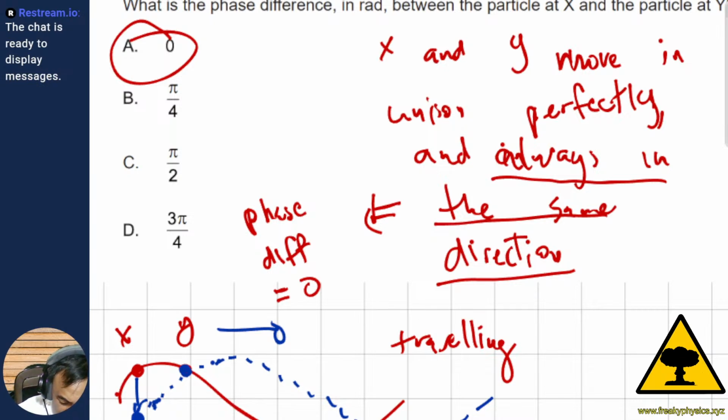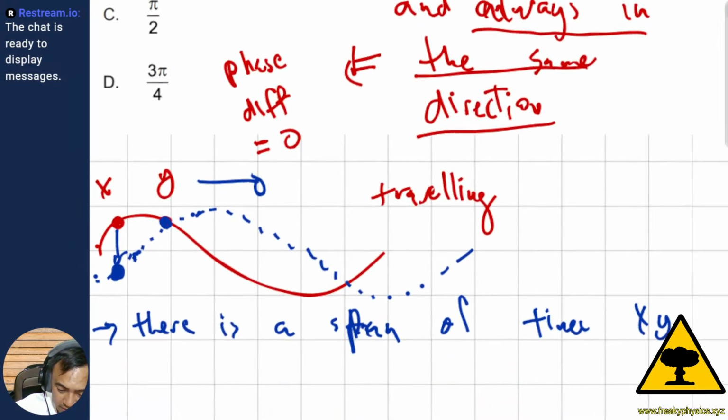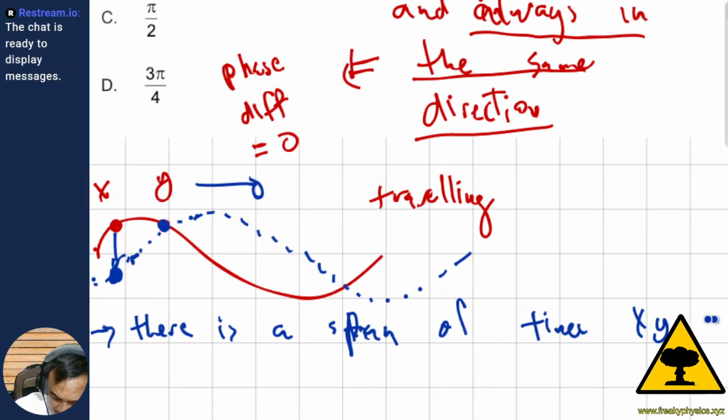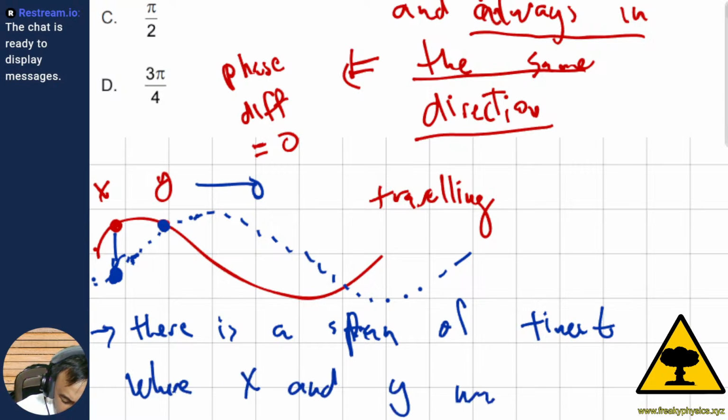So there is a span of time that X and Y are moving together, and there's a span of time they're not. Let's say this span of time is t, where X and Y move together.